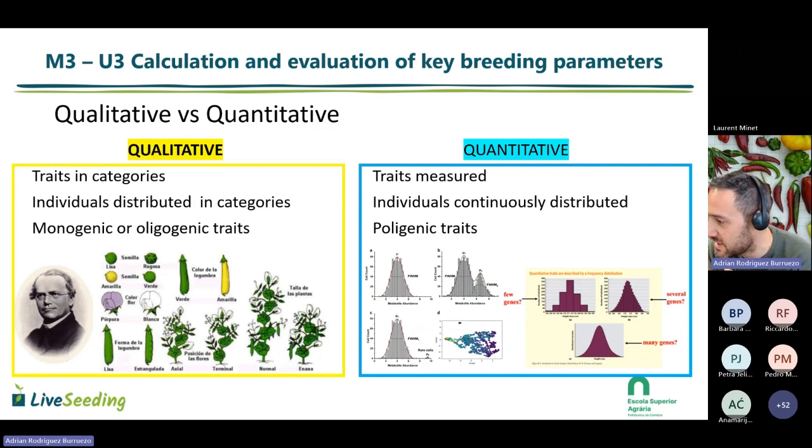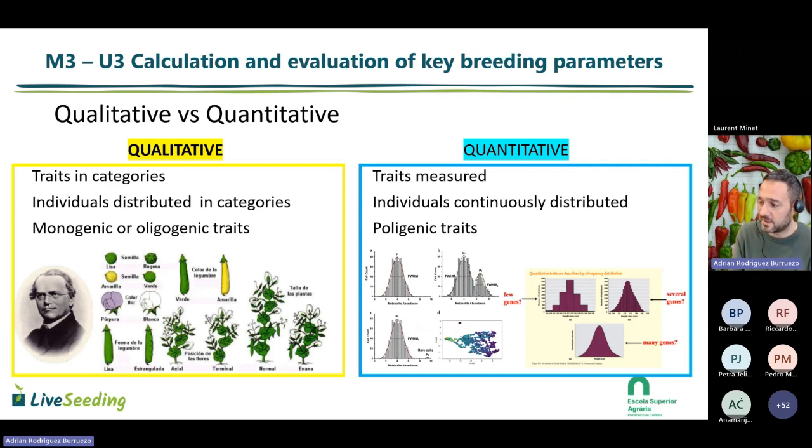Without these traits, probably Mr. Mendel had not discovered the mathematical rules to manage the basic inheritance of simple traits. These qualitative traits are those traits where the individuals can be clearly classified and distributed in categories.